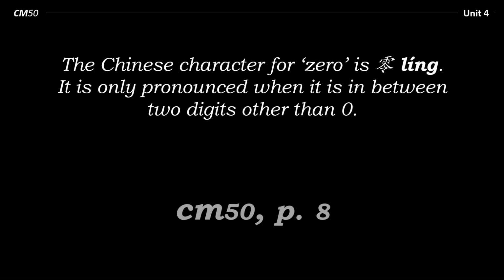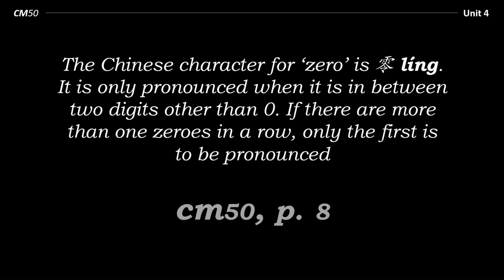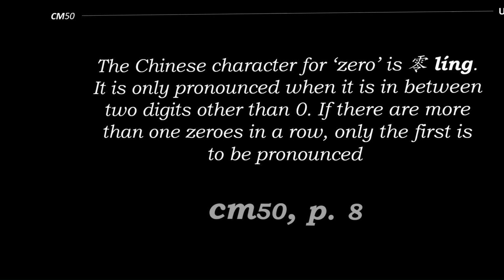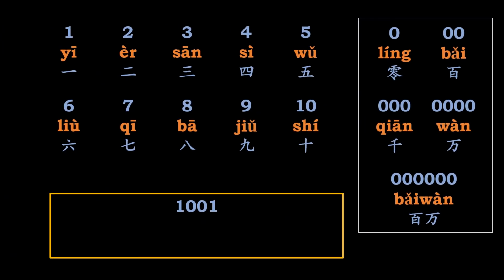It's only pronounced when it's in between two digits other than 0. However, it goes on to say, if there are more than one zeros in a row, only the first is to be pronounced. So let's go back to 1001. According to the rule, we only pronounce the first 0. 1001.